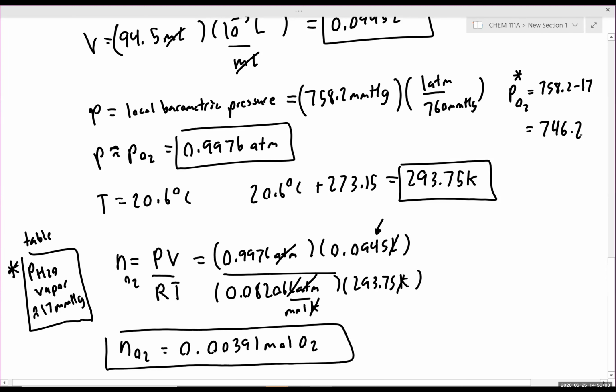If you carried this through your entire calculations using the adjusted method, which I'm not requiring you to do, the adjusted moles of O2 would be 0.00384 moles.